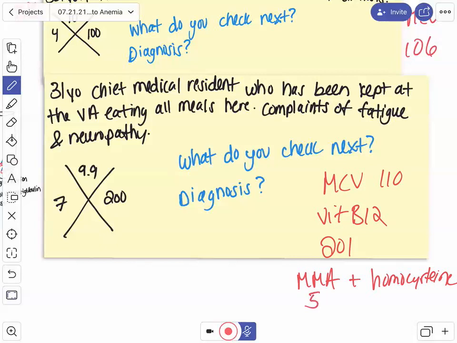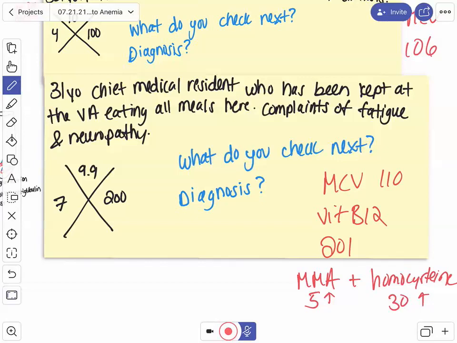Homocysteine level is 30. I'll tell you these are both high. What diagnosis do you want to give this person? If they're both high, then it's technically folate deficiency. It's the other way around. So if they're both high, it's B12. Okay. Yep. So then folate, they would have a normal MMA, but just an elevated homocysteine.